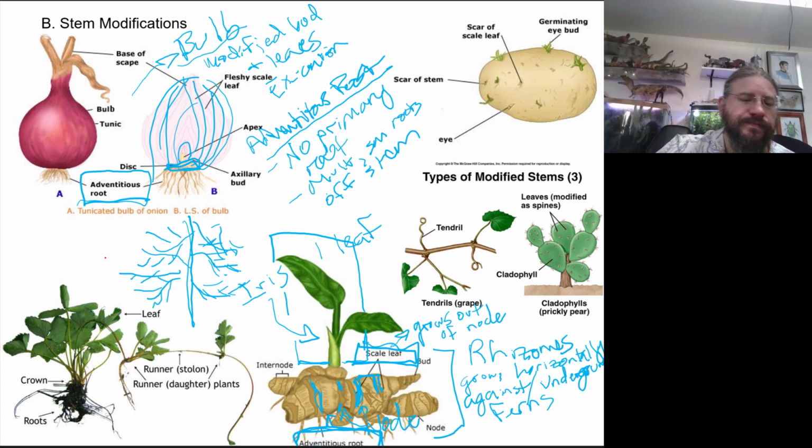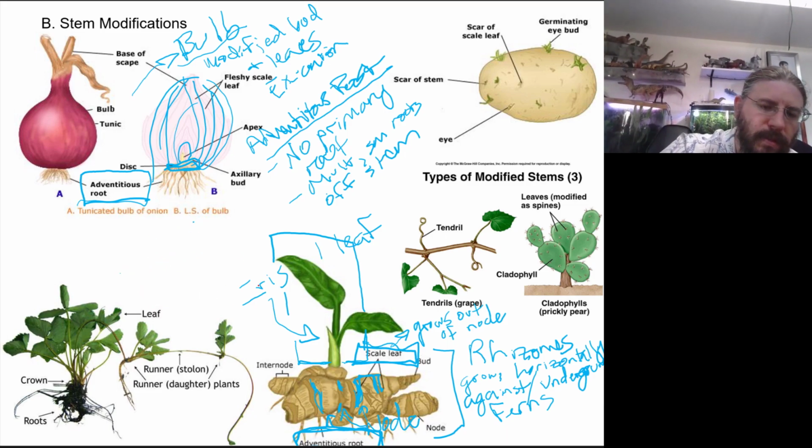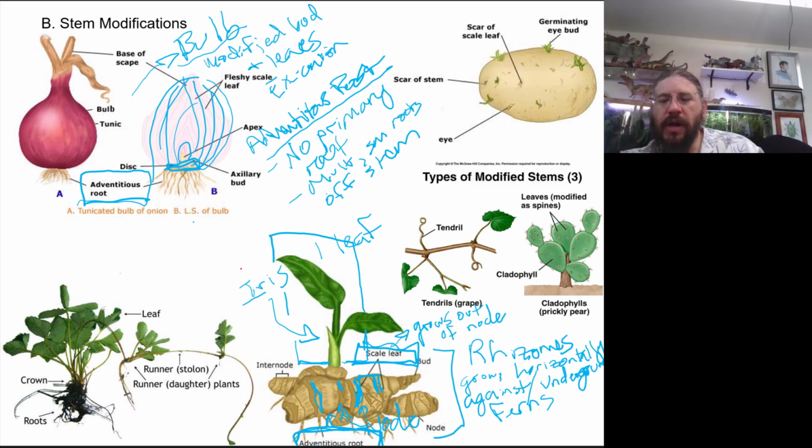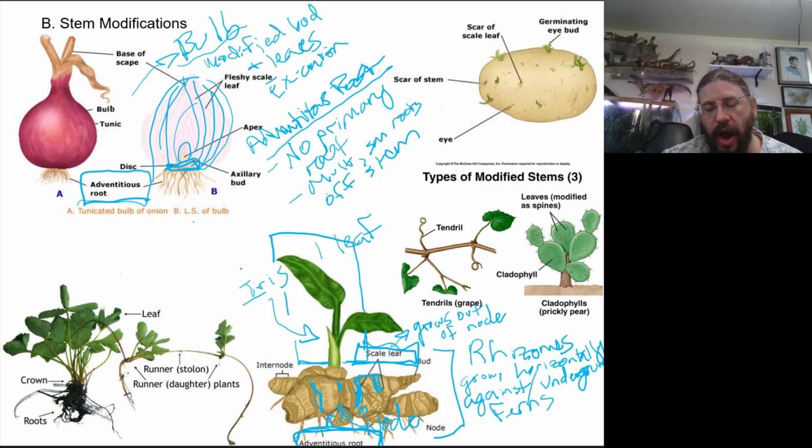So, all right. Continuing along, runners and stolons. All right. Runners are somewhat similar to rhizomes, but they are a modified stem.